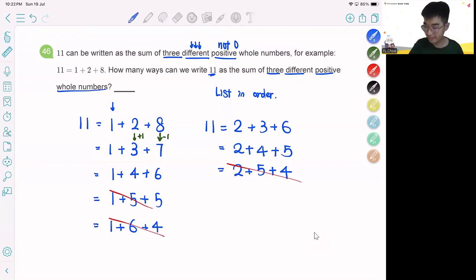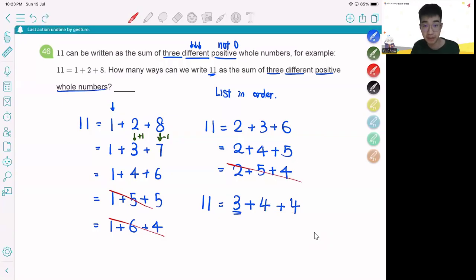All right, now let's not give up. What if the first number is 3? Now, if the first number is 3, the next number must be different from it and also in ascending order. So maybe I'll try 3 plus 4. The last number you need to add to it is 4. Now I start from 3 and immediately I have a repeated case. 4 and 4, they are repeats of each other.